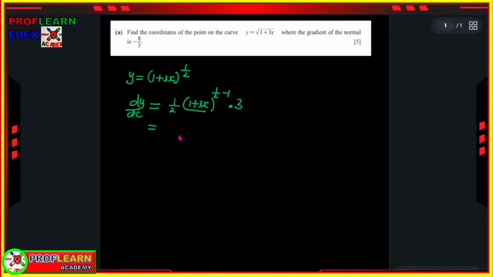So finally our equation reduces to 3 over 2 into (1 plus 3x) raised to power negative 1 over 2. So that's what you do whenever you are trying to differentiate a function that looks like this.